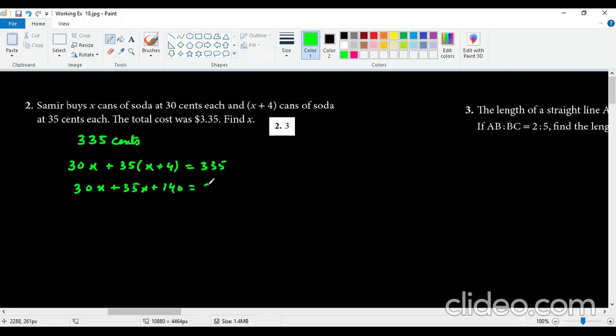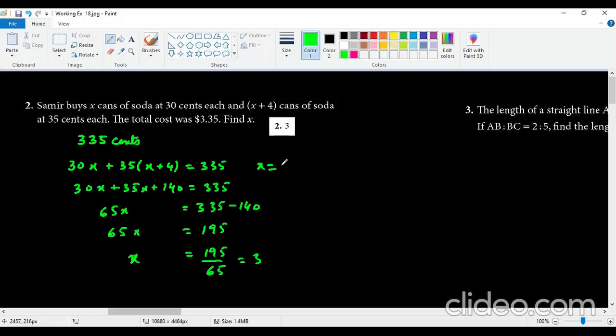So this gives us 65x equals 335 minus 140. So 65x gives us 195, and when divided by 65, it gives us 3. So the value is 3, which is the answer given here.